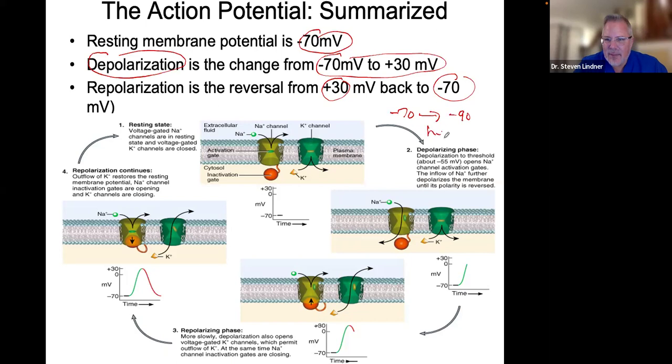That's called hyperpolarization. Why does that happen? That happens because the potassium channels are still open. Because they're open, this happens.